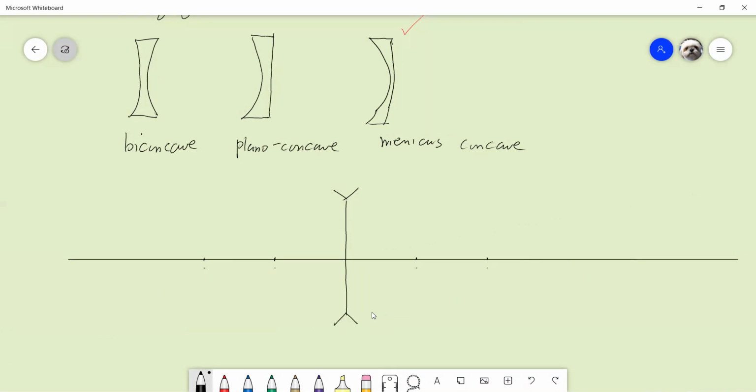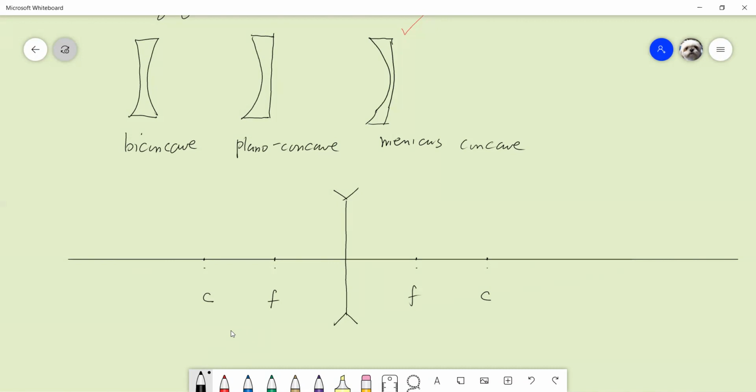Now I draw both of them. Now what I'm going to do is put an object. When we show you the example, we always start with the object first and find the image. But you see in this reverse engineer problem, sometimes it would give you the image, then you locate the object, right?